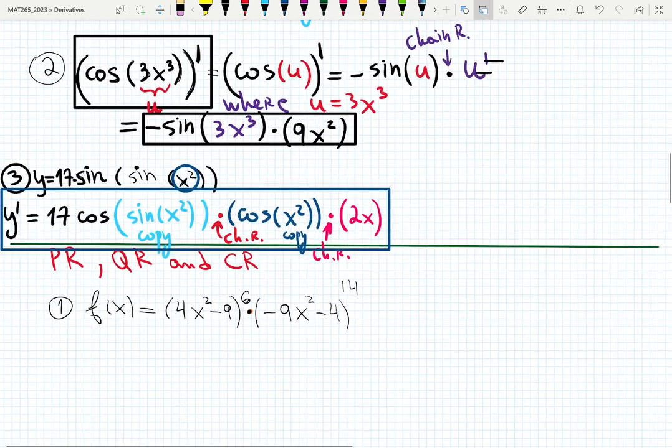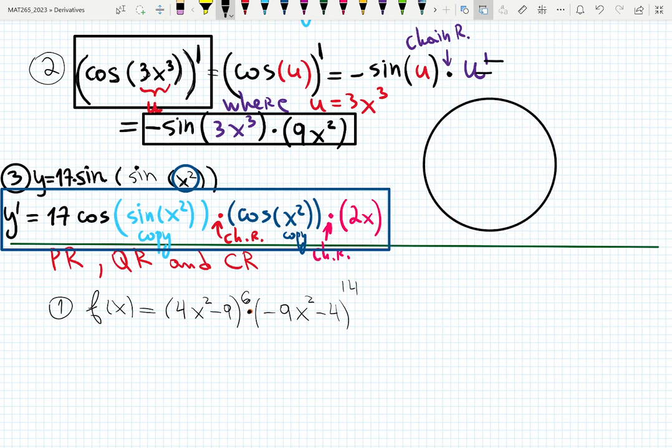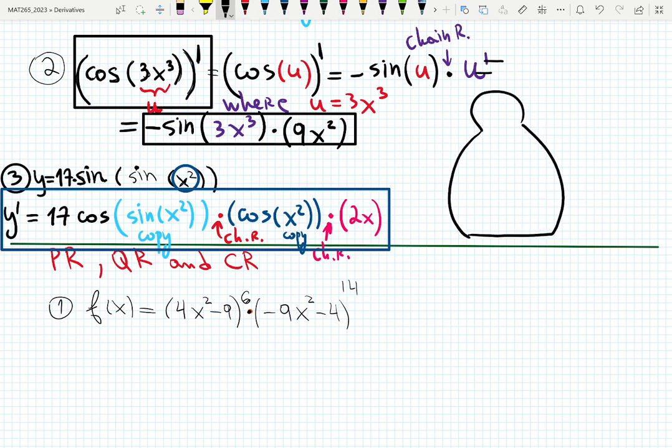And then the visualization is pretty cute. Check it out. In black color, I will draw the outside Russian doll. Look at this. The outside was 17 sine. Then the inside was sine.